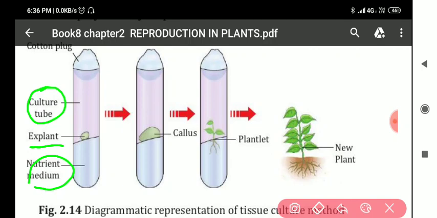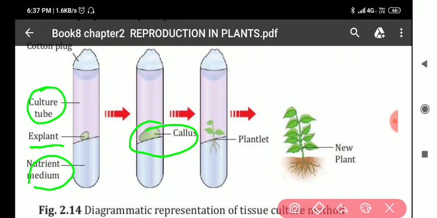Then after some days, what will happen? In the explant, cell division will occur, and a cellular mass which is formed from the explant is known as callus. So from the explant, callus is formed.